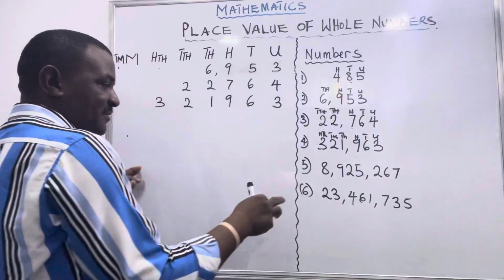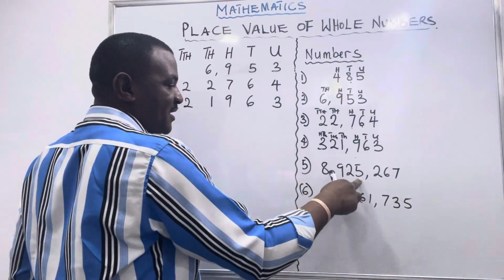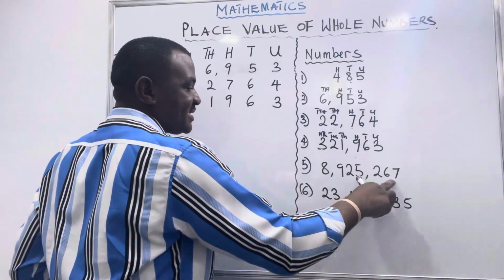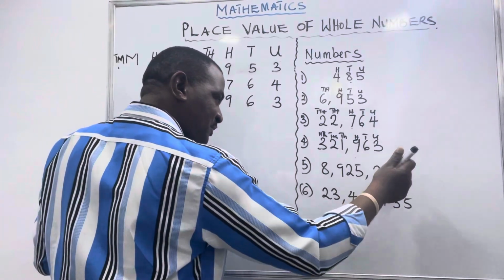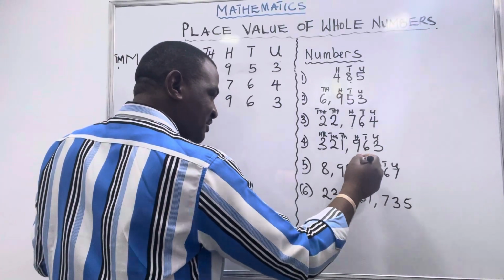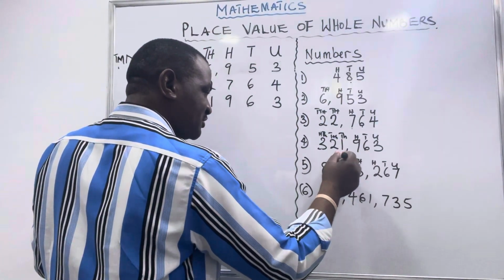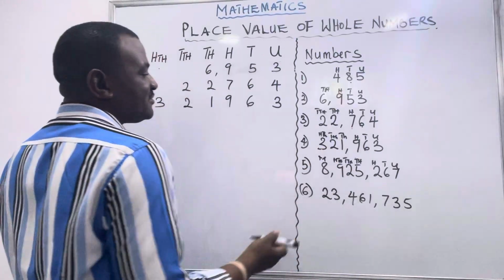Let's go to the number 5: 8,925,267. So we go units, tens, 100, 1,000, 10,000, 100,000, million. The same thing.